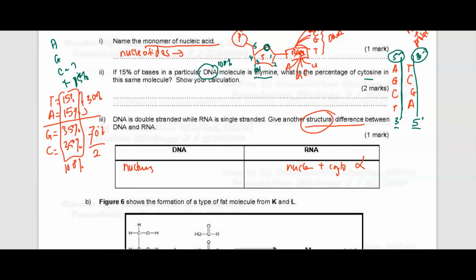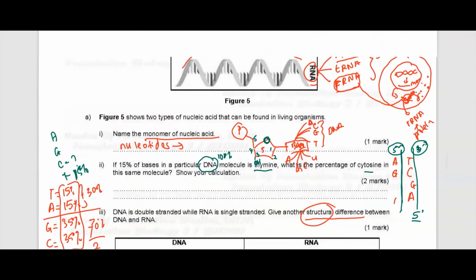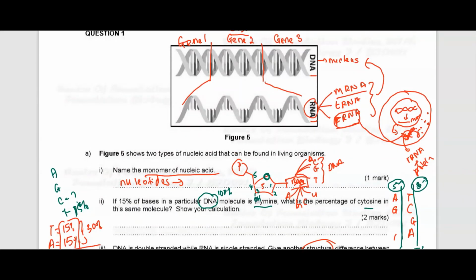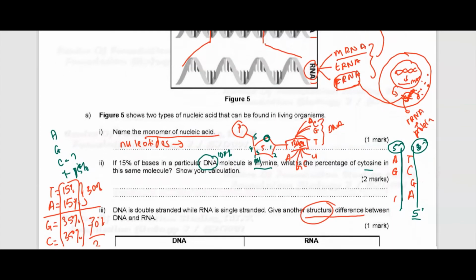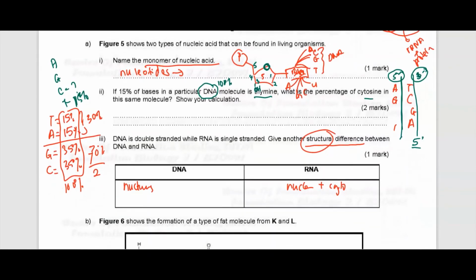What does the question want? The question wants in terms of structural difference. So you have to look at the structure of the DNA and RNA. What is the difference between the structure of DNA and RNA? So obviously, as you can see from the diagram here, the obvious difference between DNA and RNA is that the molecule for RNA is smaller.